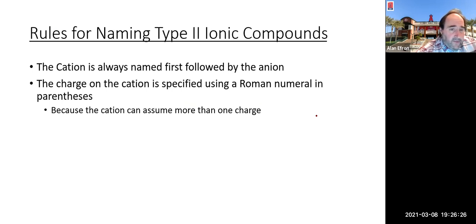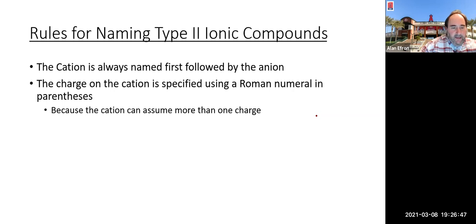We want to always look at the metal, find its location, and then figure out the charge on the metal. We do that from the non-metal it's attached to and work our way backwards. Again, no prefixes here, just Roman numerals with these guys.